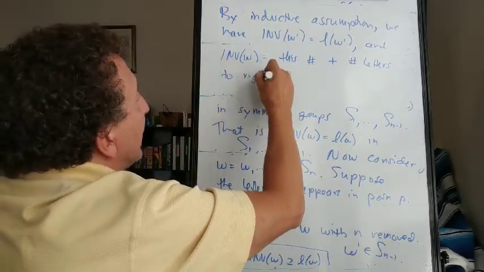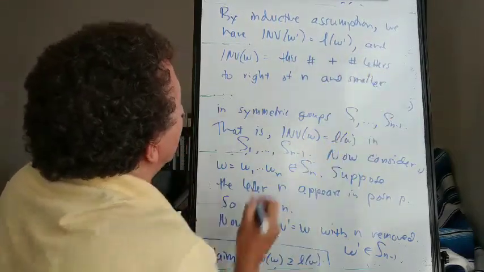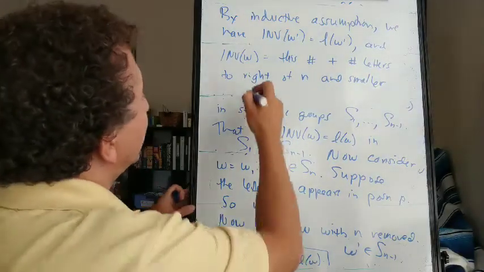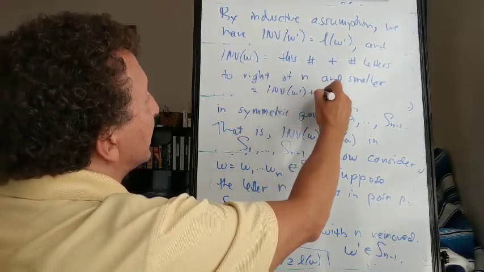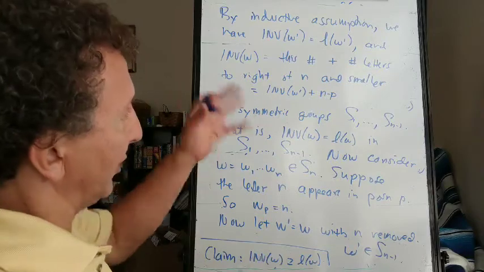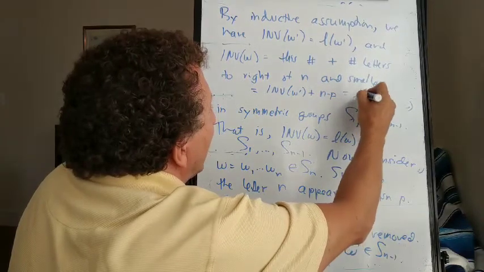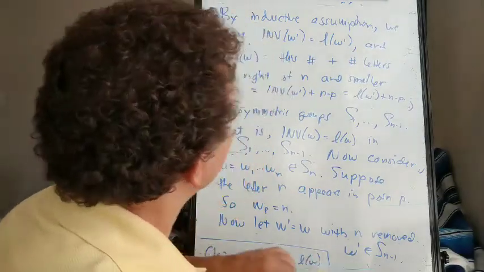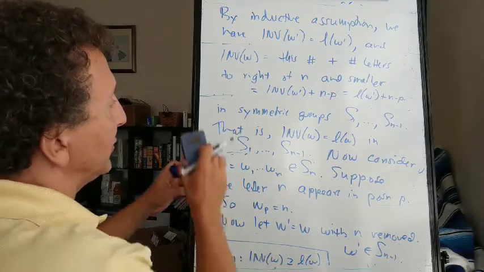So we're assuming we put N back where it was in position P. So this is number of inversions in W prime plus, there are N minus P things to its right that are smaller than it, because all of the letters in that word are smaller than it, and there are N minus P of them to the right. So that's L of W prime plus N minus P. Alright, so we have an expression for the number of inversions in W.